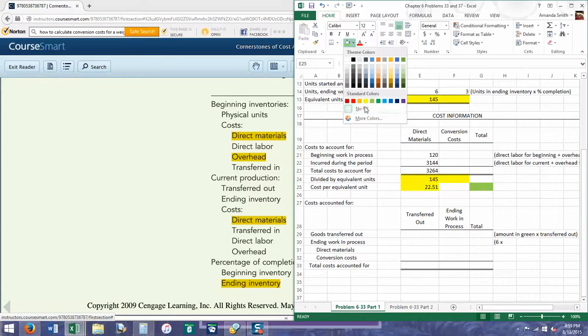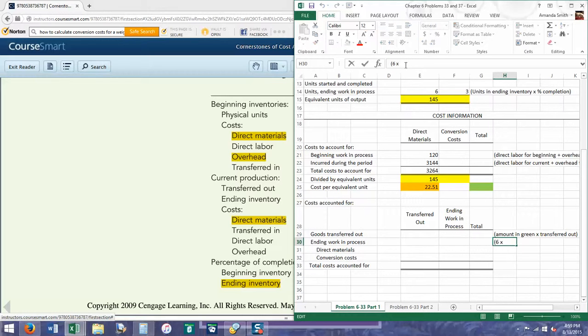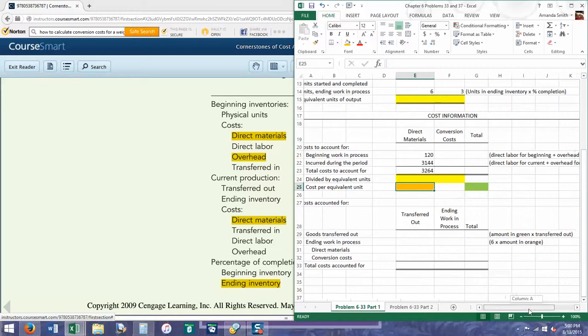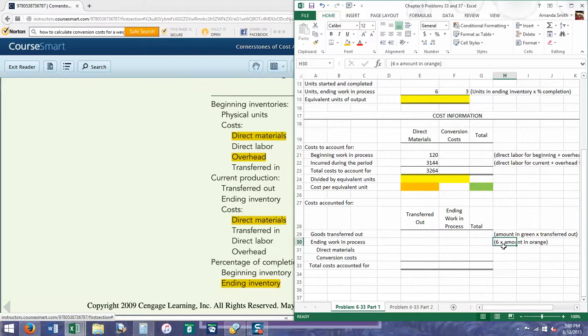I'm going to change that to orange. So 6 times the amount in orange. Again, this number is wrong. Oops, I put it in the wrong cell.